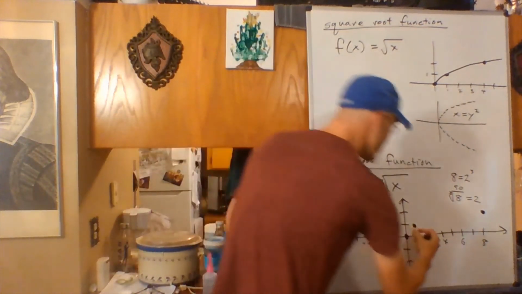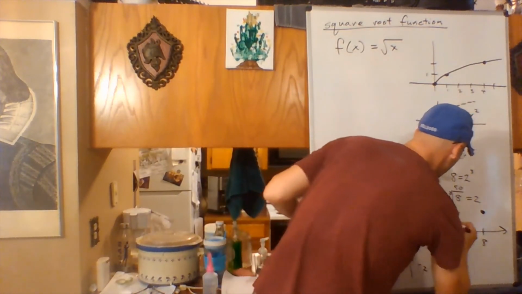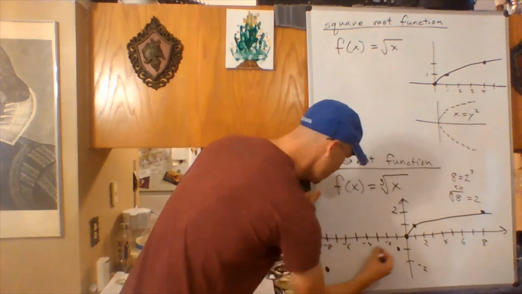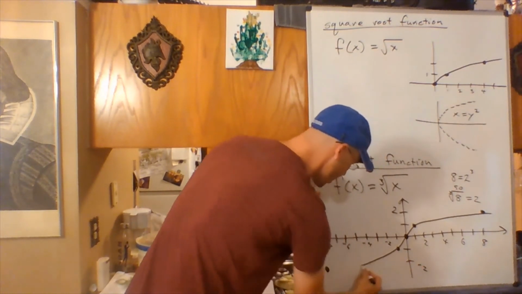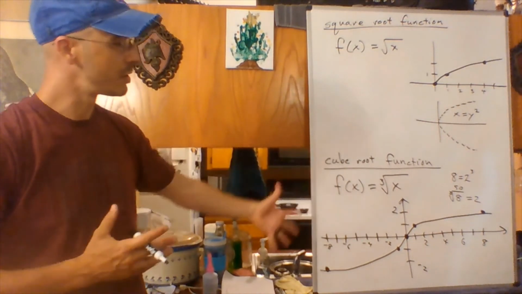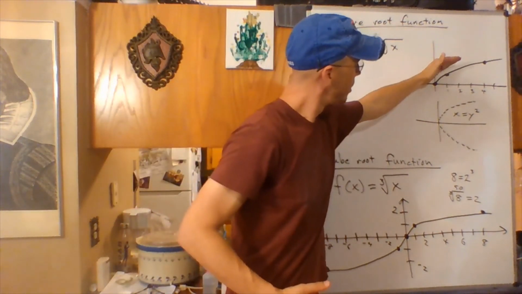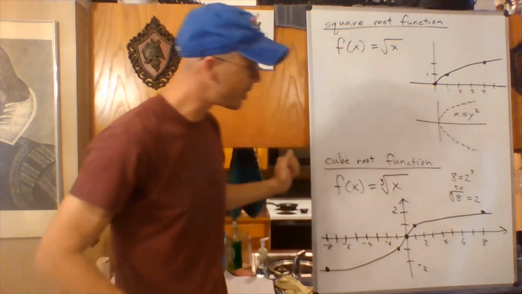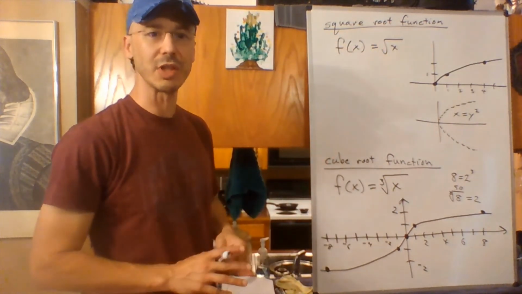So I've got 5 points. I'm going to connect them, and the curve is kind of similar to the parabola. I don't know the name of it other than the cube root graph, but not the same, but a similar shape.